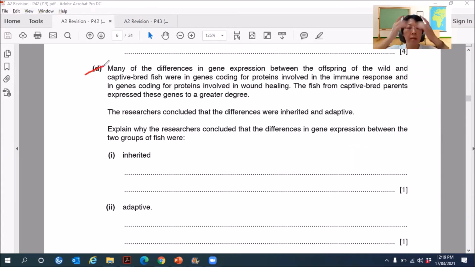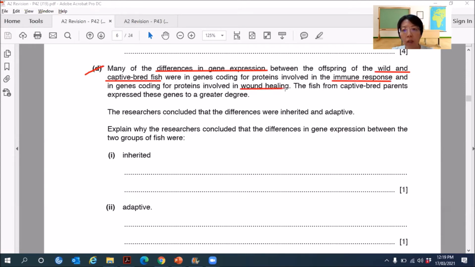Many of the differences in gene expression between the offspring of the wild and the captive fish, so you're comparing between wild and captive fish, were in the genes coding for proteins involved in the immune response, as well as in genes coding for proteins involved in wound healing.